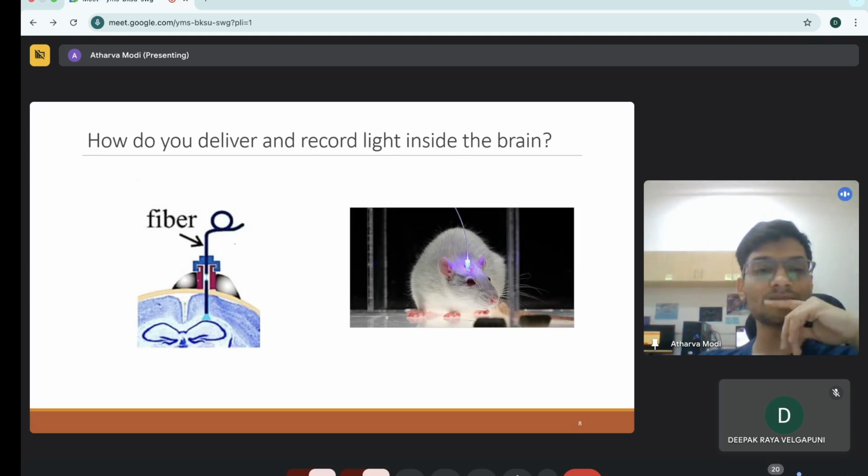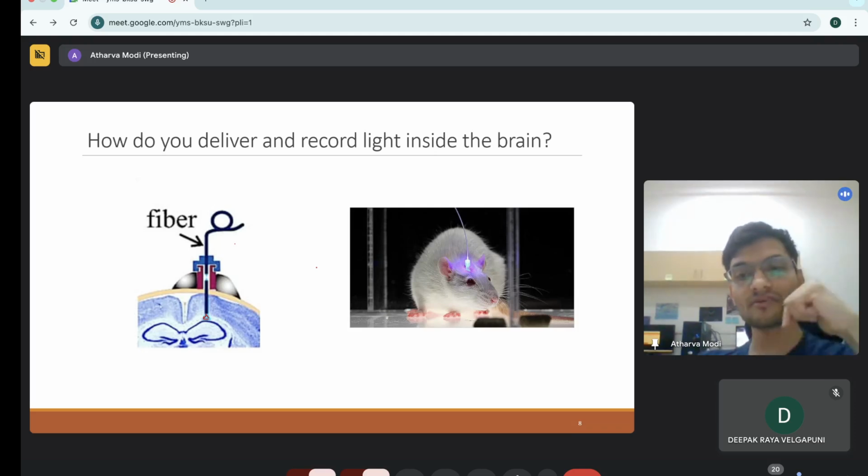This prevents the movement of the fiber with respect to the skull, and it stays in the same place as we want it to be. Let's say we want to measure from the hippocampus, we'll place it above the hippocampus to a certain depth, and then shine light there using an optical fiber. That's how a rat looks when we actually do the experiment.